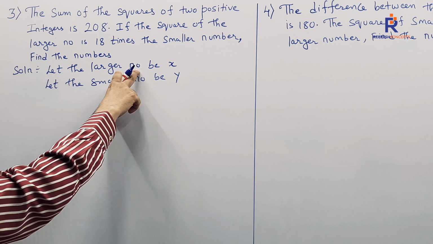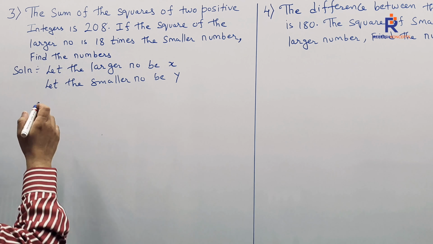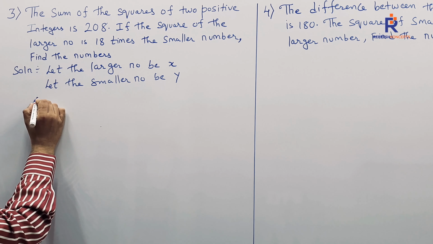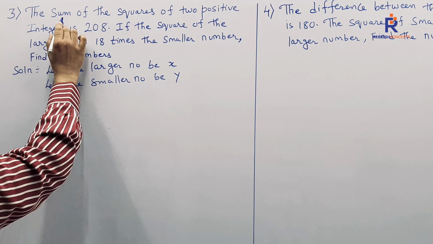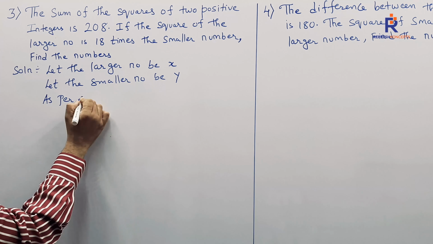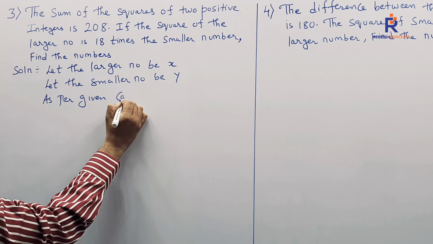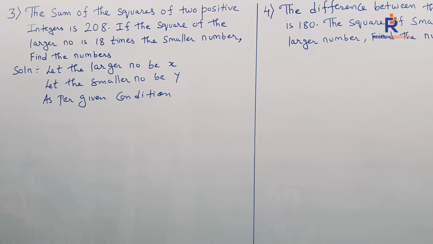So we have initialized the two numbers, or rather the two variables, larger being x, smaller being y. Now we read the first line of the question: the sum of squares of two positive integers is 208. Mind you, they are positive integers. So if you want, you can always say let the larger positive integer be x, let the smaller positive integer be y.